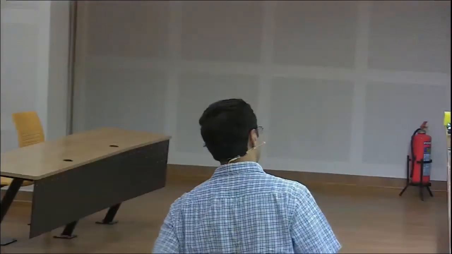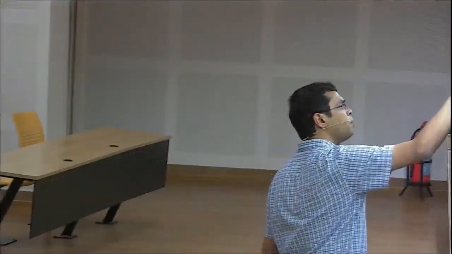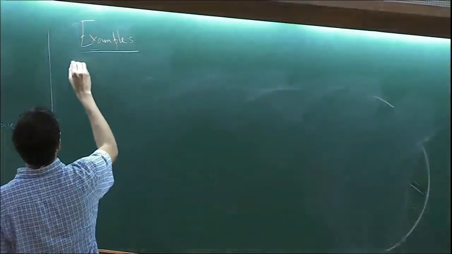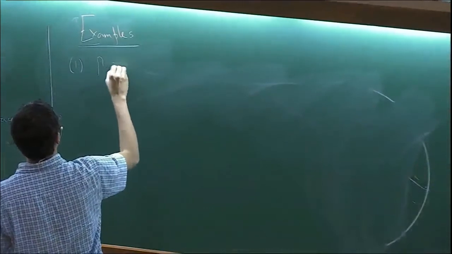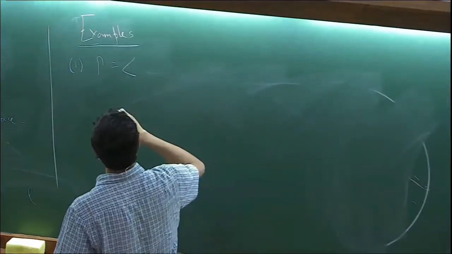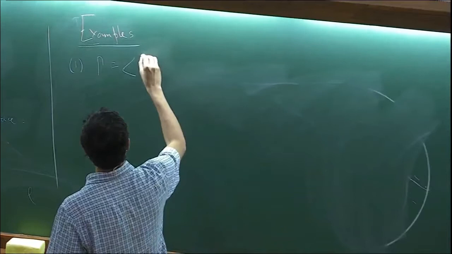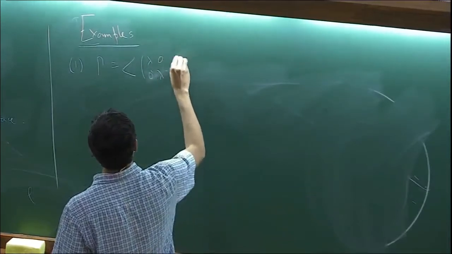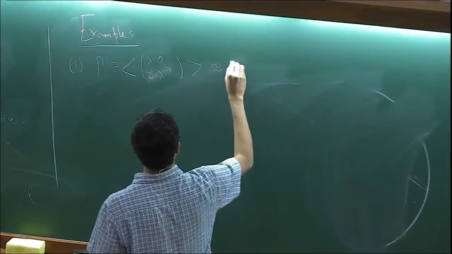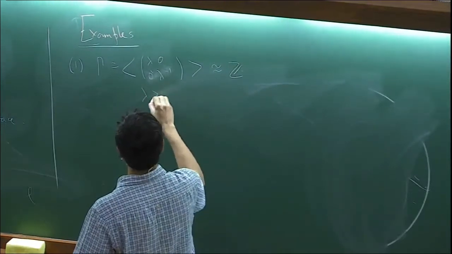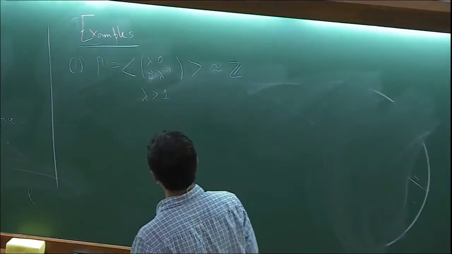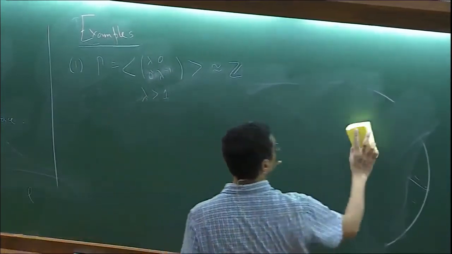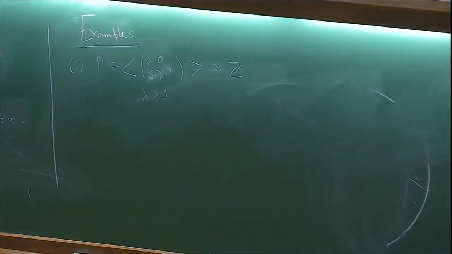Okay, so let's look at some examples of discrete groups. The first example is, suppose you have some group gamma, which is generated by a hyperbolic element. That's an infinite cyclic group, where lambda is some positive number. So what does its action look like on the hyperbolic plane?